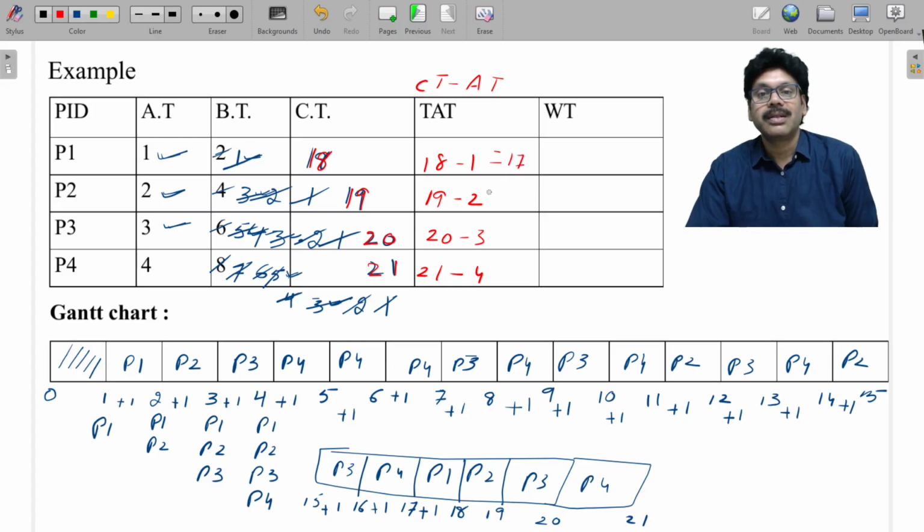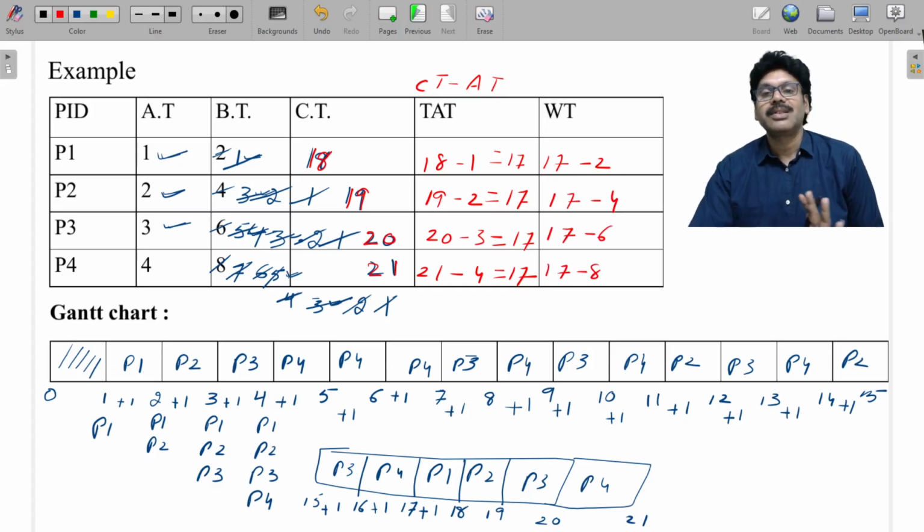So 17, 17, 17, 17. Waiting time is 17 minus burst time for each process. So this is how to solve the longest remaining time first CPU scheduling algorithm.